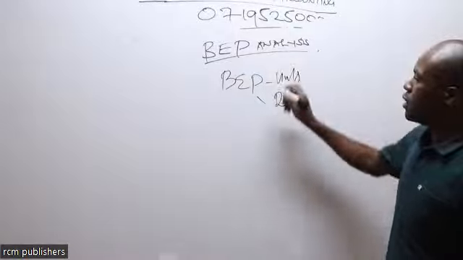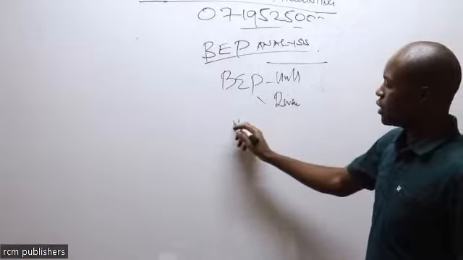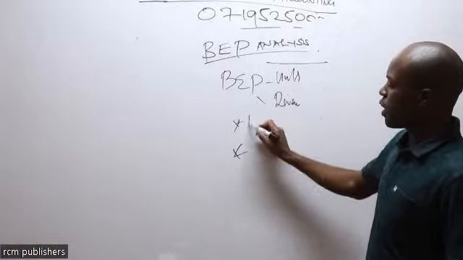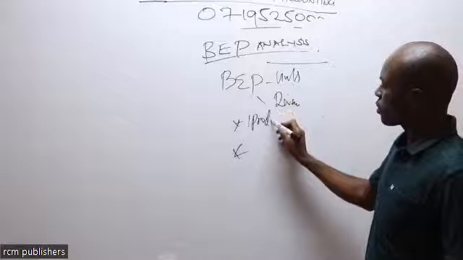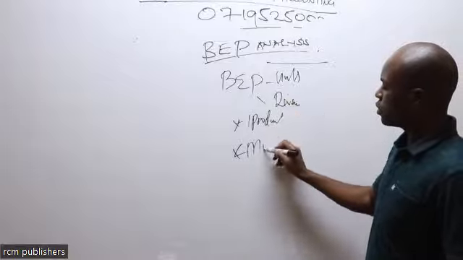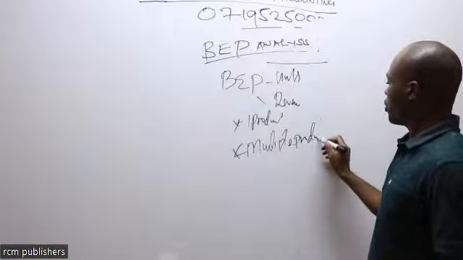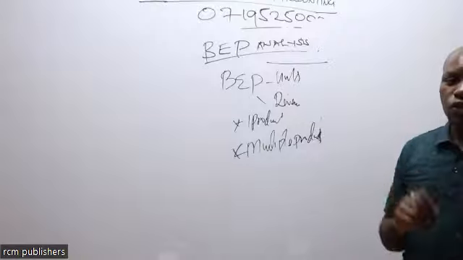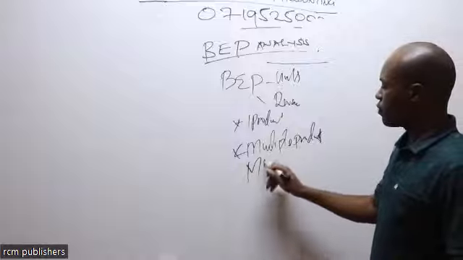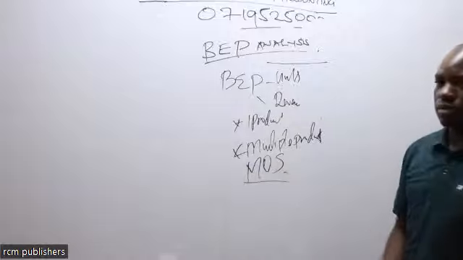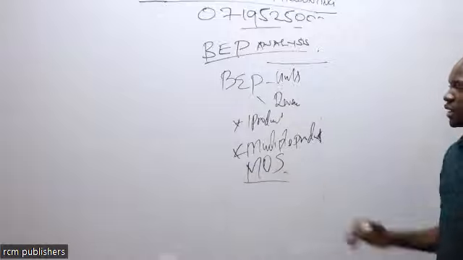That is number 1. So we're going to consider it again into 2 categories, for one product and for multiple products. We are also going to look at what we call margin of safety in this particular topic.